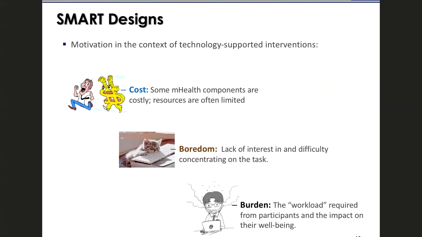Say, for example, you decide that if a person is not accessing the mobile intervention for a week, that's a sign of burden, that it's too much for him, right? But is it really a sign of burden, or is it a sign of boredom, that the person is not interested, that the person is not with you, or is it a sign that the intervention is not effective, right?